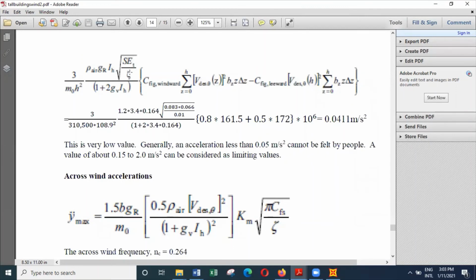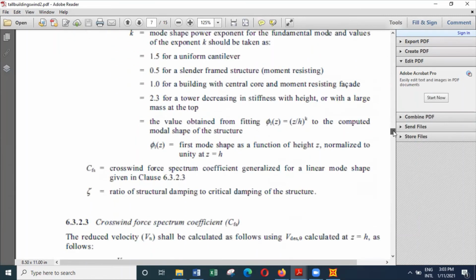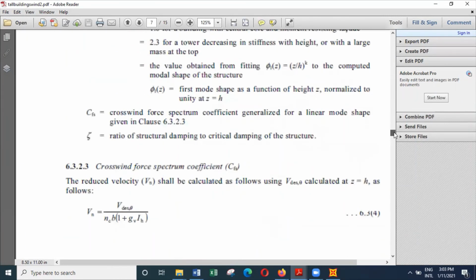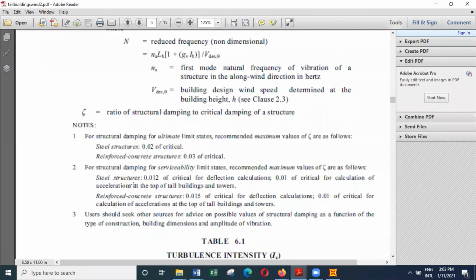Then you have to look at, what do you call, the damping ratio. And damping ratio is given here. Now we are looking at the acceleration of the building.